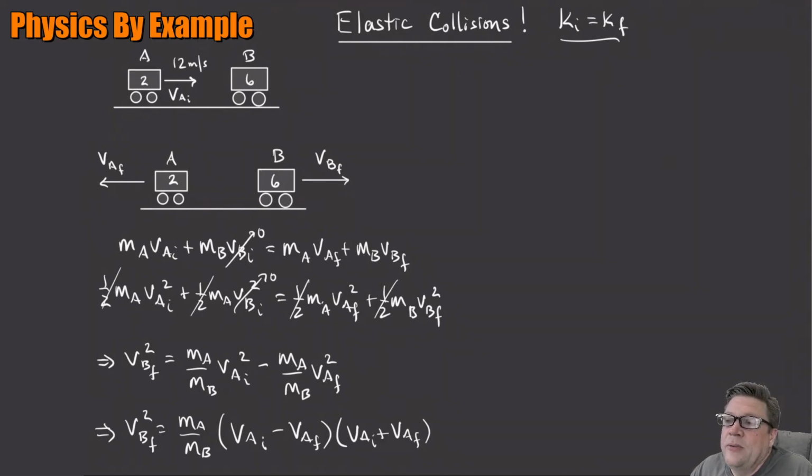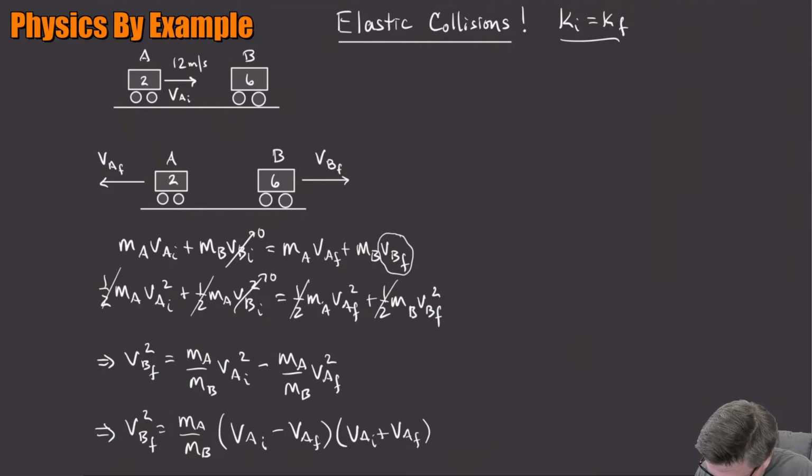And the reason I want to do this is go back and look at this. What is VB final up here? If I divide by MB, VB final would be MA over MB, VA initial minus VA final.